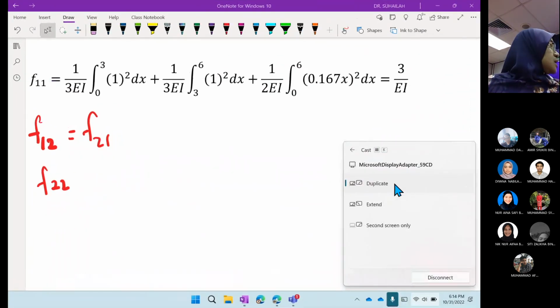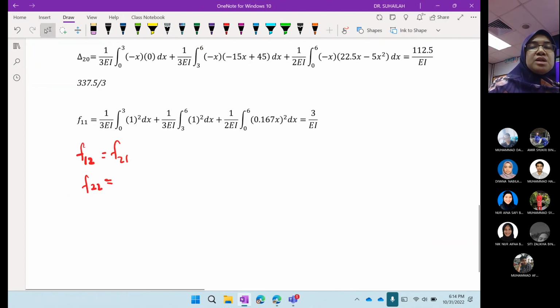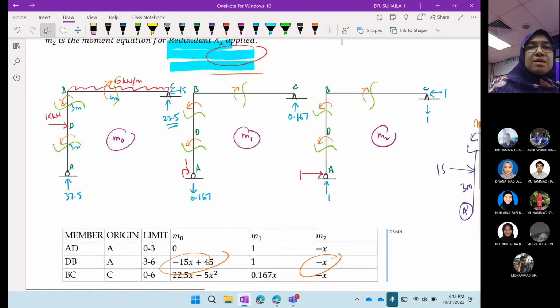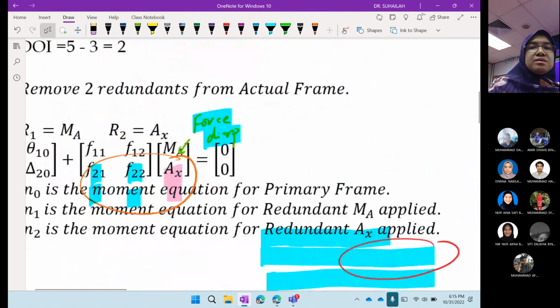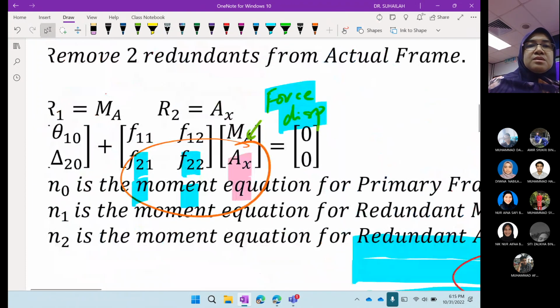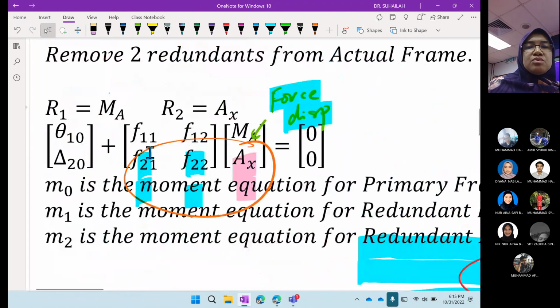Okay, so you have to continue to calculate F11 which is equal to F21. Lepas tu calculate F22. So dah dapat 6, so substitute into this equation. Okay, substitute into this.